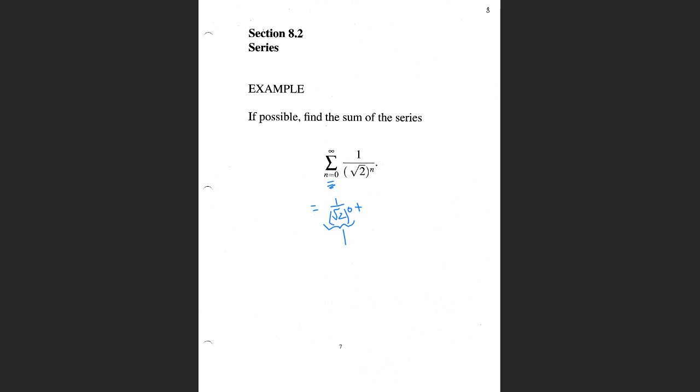All right, what's the second term of the series going to equal? Well, what's the value of n? That's right, Renaud. That would be 1 over square root of 2 to the first power, which will just equal 1 over square root of 2.